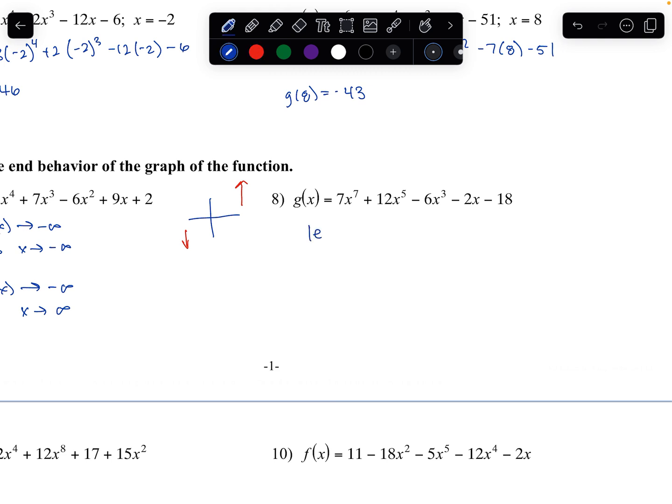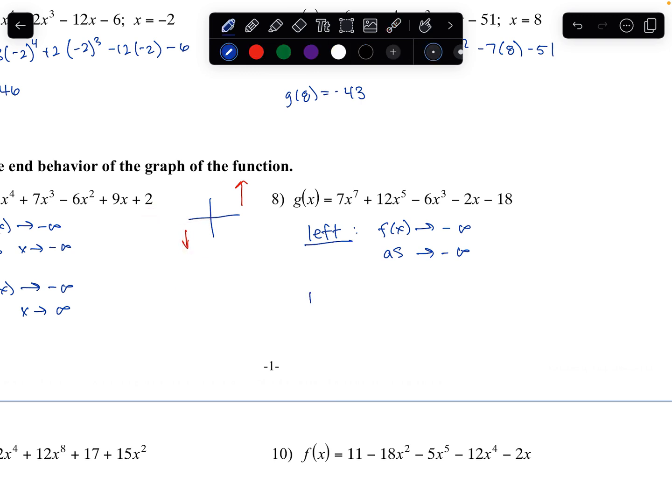So let's first describe the left side here. On the left side, f of x is going down, so I'm going to say that it's approaching negative infinity. And that means if we're on the left side, x is going to approach negative infinity. So f of x is approaching negative infinity, and x is approaching negative infinity.